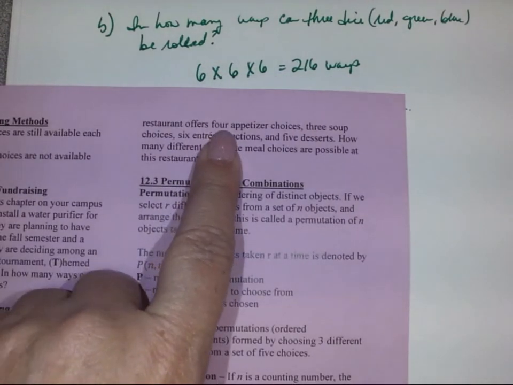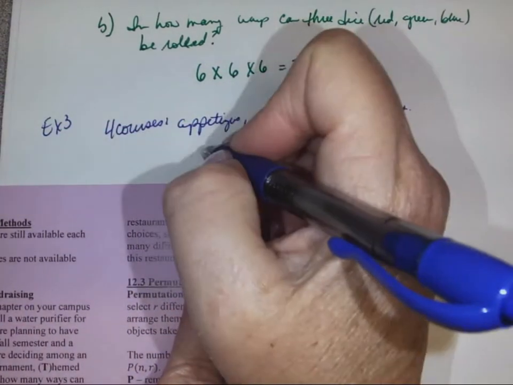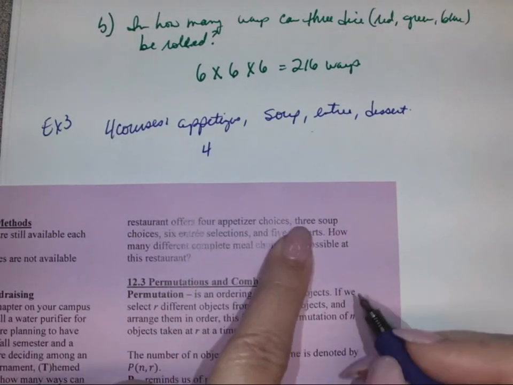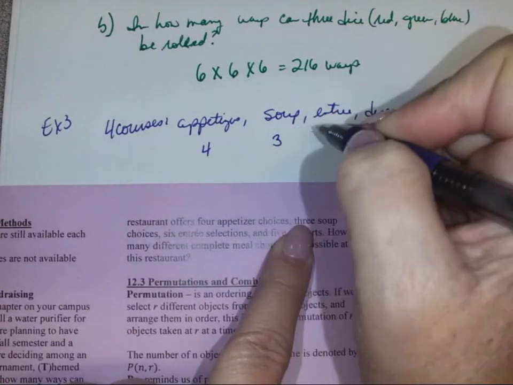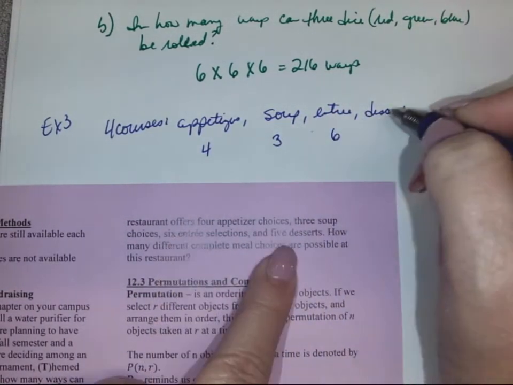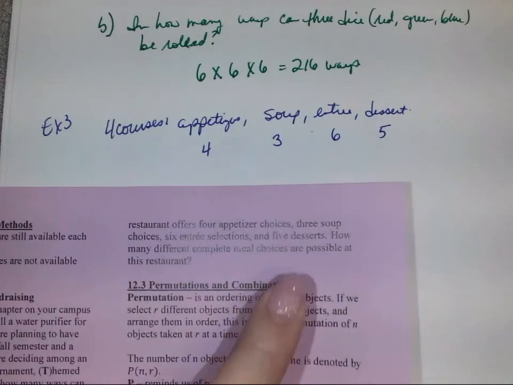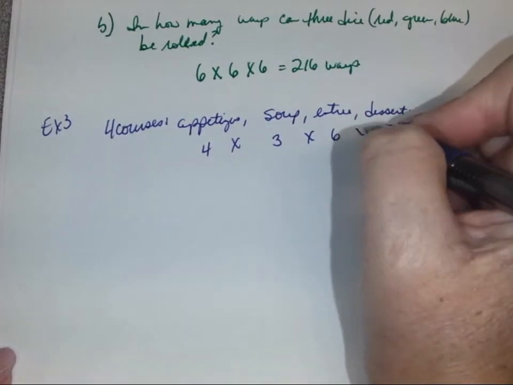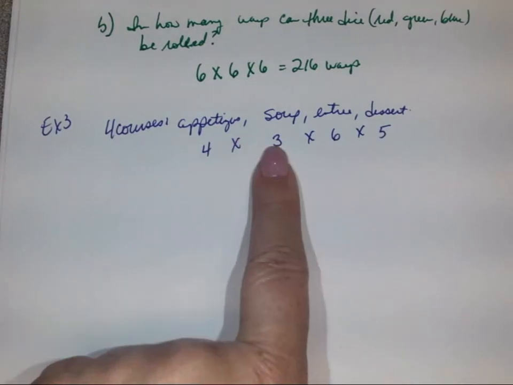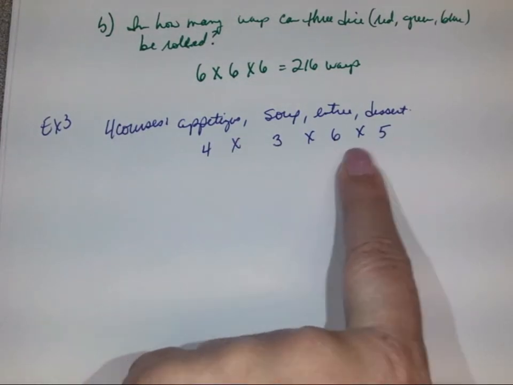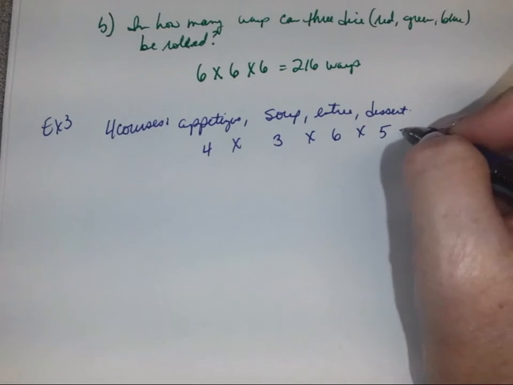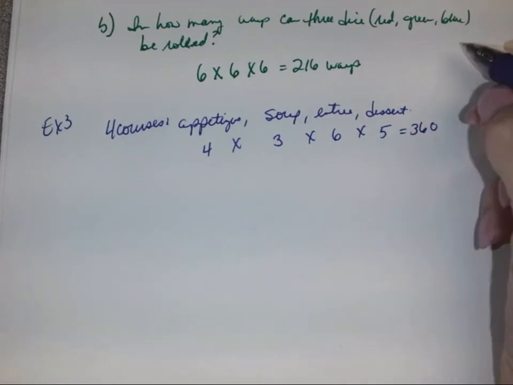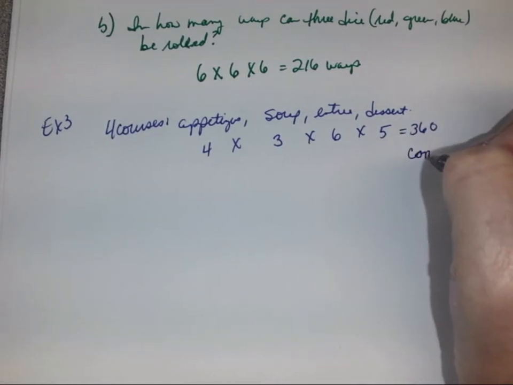So they had 4 appetizers, they have 3 soup choices, 6 entrees, and 5 desserts. So what we're going to do is just multiply those. So 4 times 3 times 6 times 5 will get us 360 complete meals. Oops.